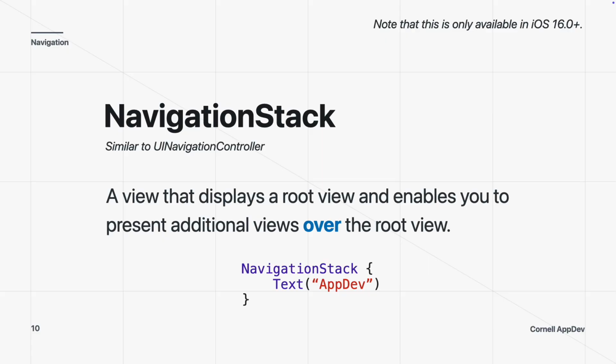Essentially, NavigationStack presents a stack of views over a root view, and users can push views to the top of the stack by tapping on a NavigationLink. We will dive into what NavigationLink is later.